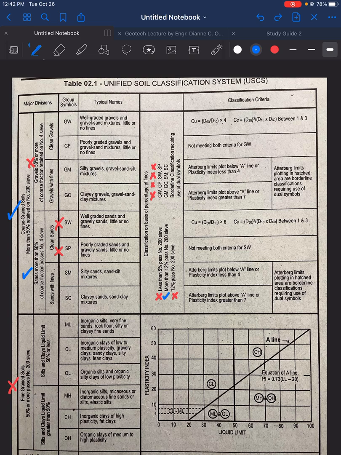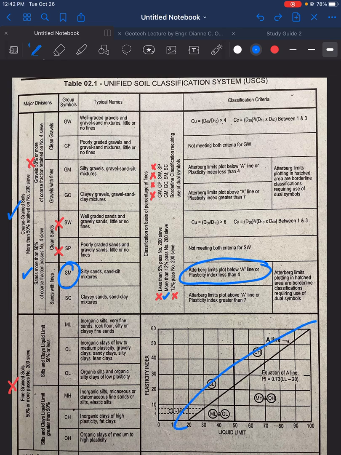So what's the criteria for SM and SC? For SM, it says there, Atterberg limits plot below A line or the plasticity index is less than 4. So you have two criteria to follow. It says there, the plot. This is where you observe the plotting. So Atterberg limits plot below the A line.